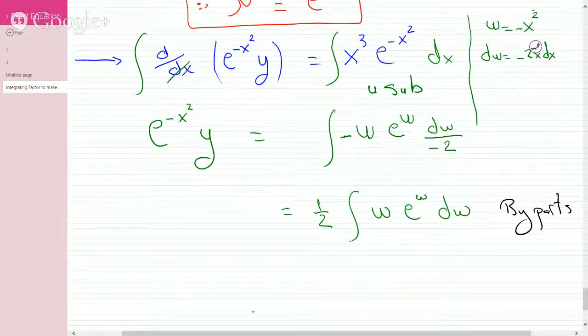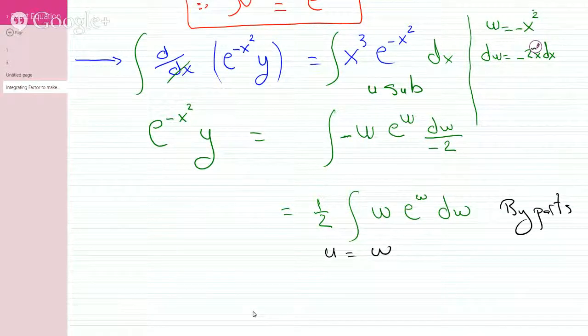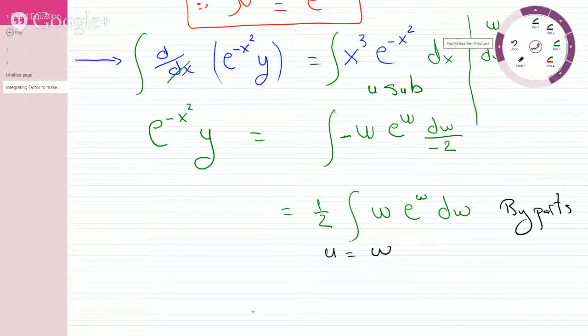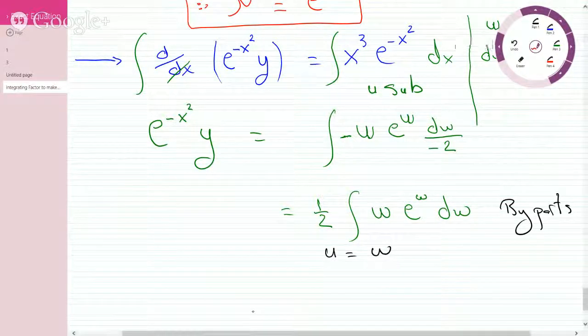So u will equal w. Wouldn't that be w to the 1/2, or to the 1 and a half? Because e to the w, the x squared, or negative. No, look at the breakdown.